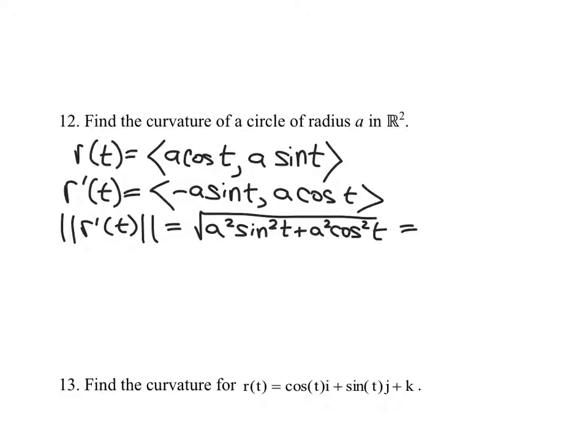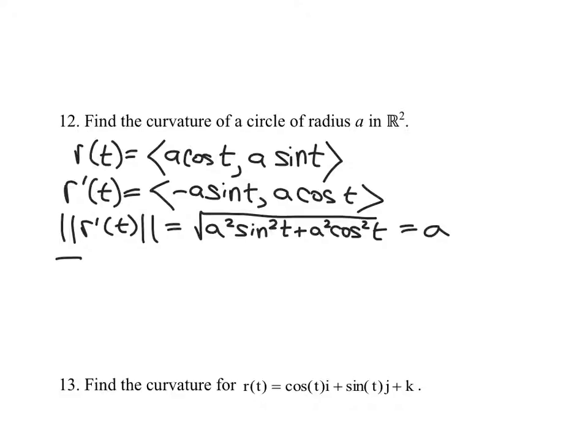We can start streamlining the approach because, like I said, we've done this a few times. If I factor out the a squared from the whole shebang, it just becomes an a, and then you're left with a square root of sine squared plus cosine squared, which is going to go to 1.